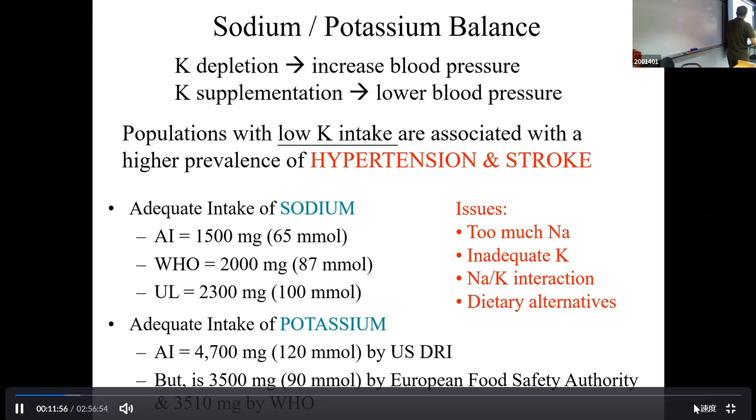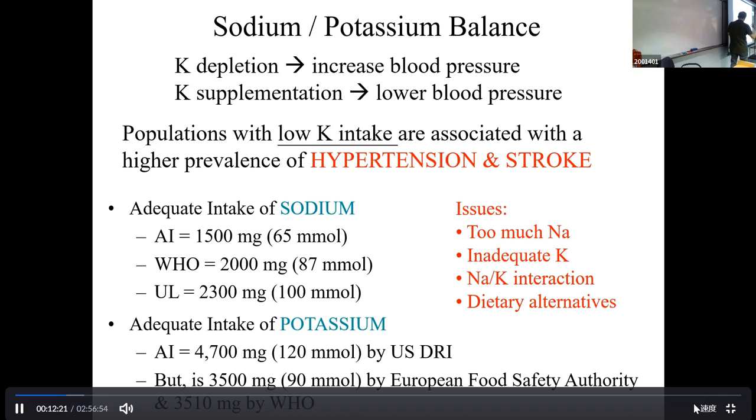What you see here is that populations with low potassium intake are always associated with a high prevalence of hypertension and stroke. Now, if we look at the AI for sodium, the adequate intake is generally 1500 milligrams or 1.5 grams.